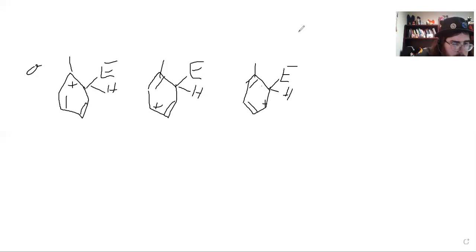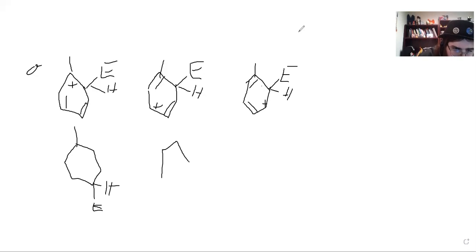We know that because if you look at a secondary carbocation versus a tertiary carbocation, the more carbons we add, the more stable the carbocation. We'll look at the same thing, para. We have a more stable carbocation.